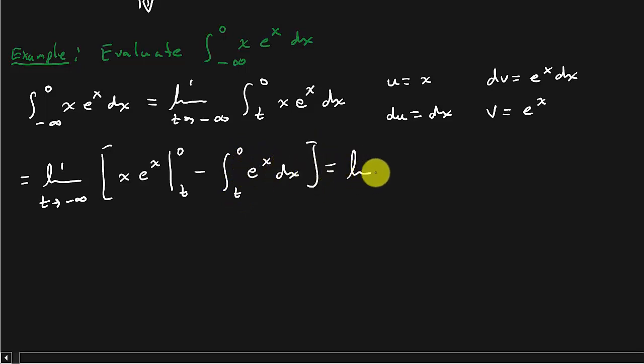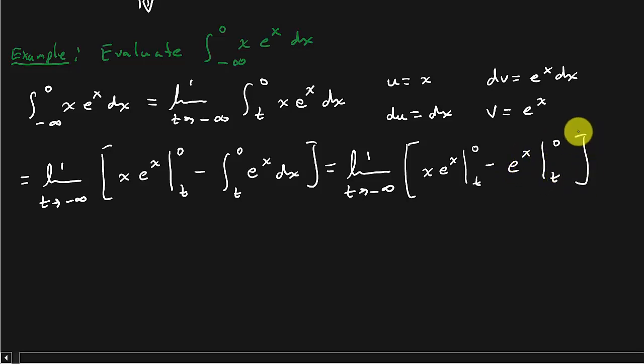And so now we're going to get the limit as t goes to negative infinity, and all I'm going to do right now is just integrate this thing. So that's going to be x e to the x from t to 0 minus e to the x from t to 0.